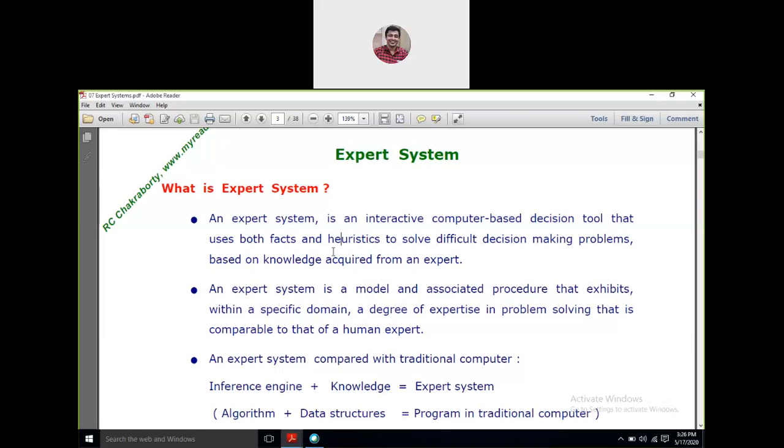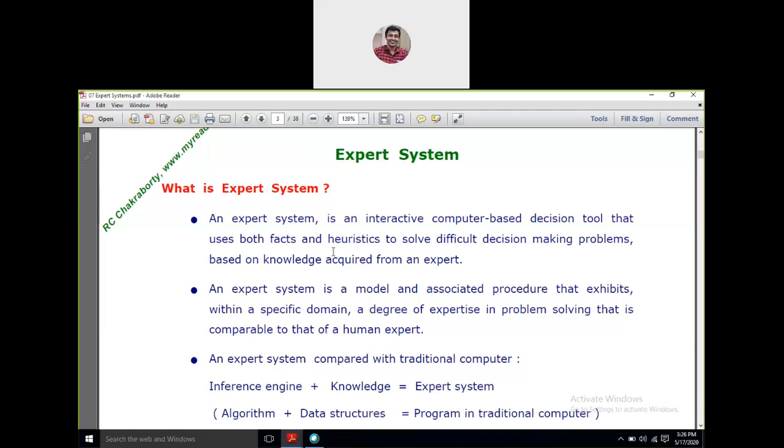Now, today there are a lot of learning algorithms, a lot of machine learning algorithms, a lot of techniques by which we can train a system. But initially, the first step of making a system learn started up by making the system an expert in a certain domain.